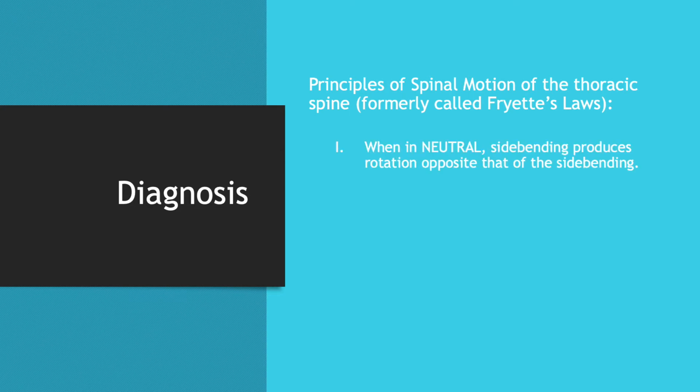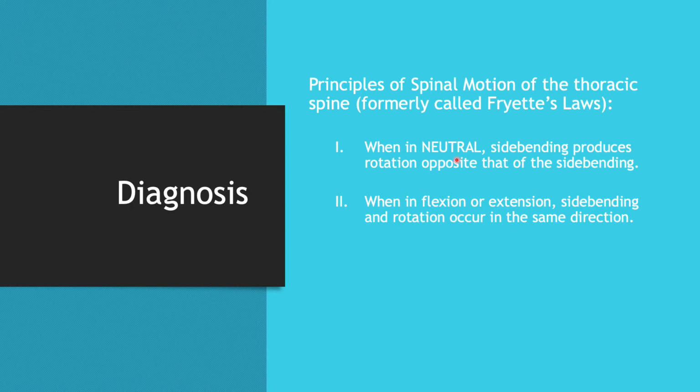So when in neutral, side bending produces rotation opposite the side bending. And if you remember from school, we denote this neutral side bending, rotation, right, NSR, because side bending comes before rotation. When in flexion or extension, side bending and rotation occur in the same direction, right?